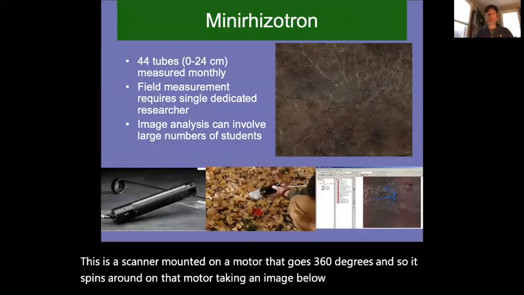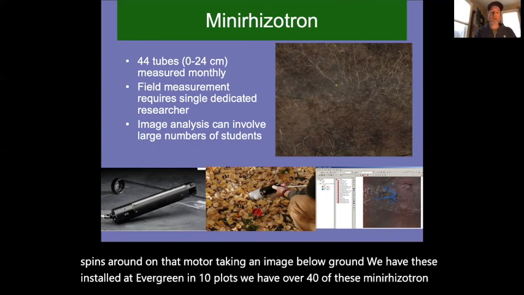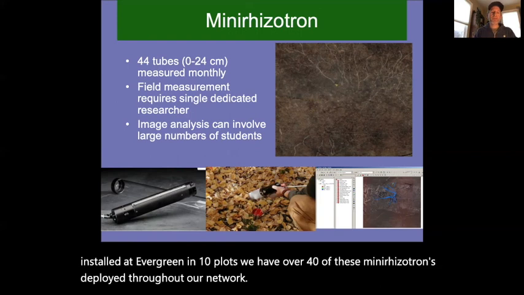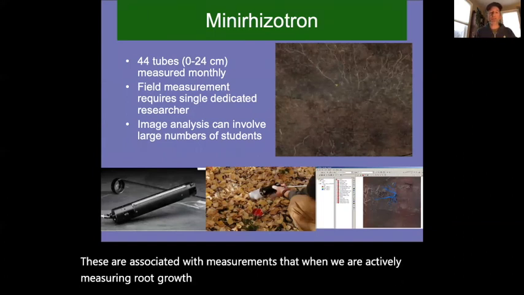We have these installed at Evergreen in 10 plots. We have over 40 of these mini Rhizotrons deployed throughout our network. These are associated with measurements that when we are actively measuring root growth, we'll go out to these tubes once a month and take mini Rhizotron measurements.